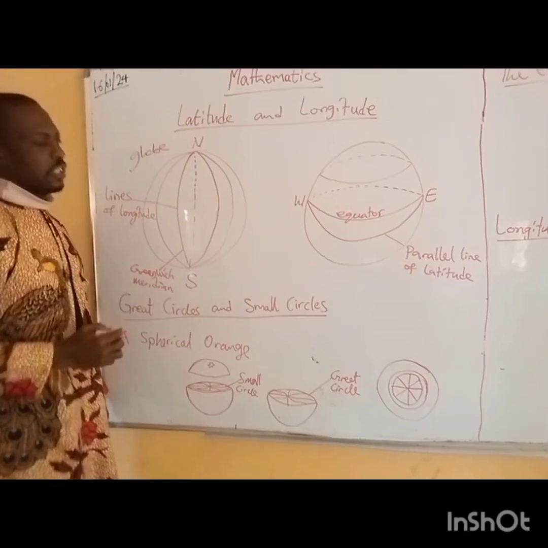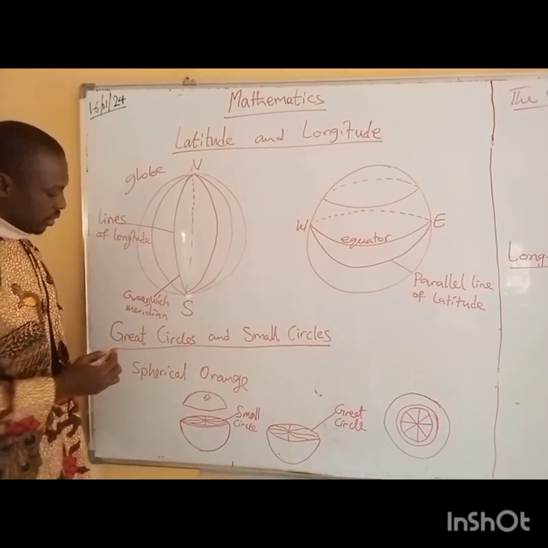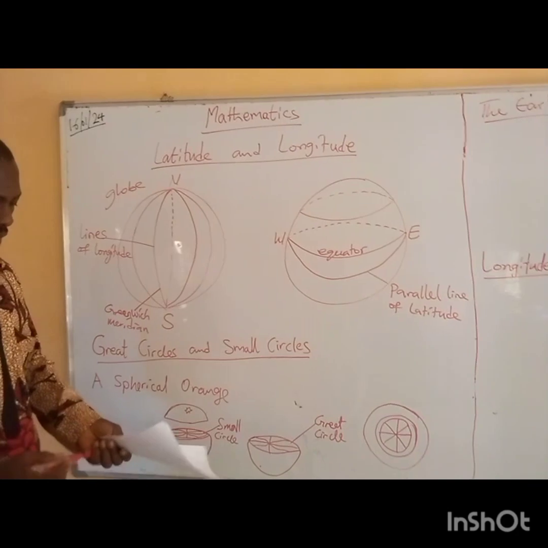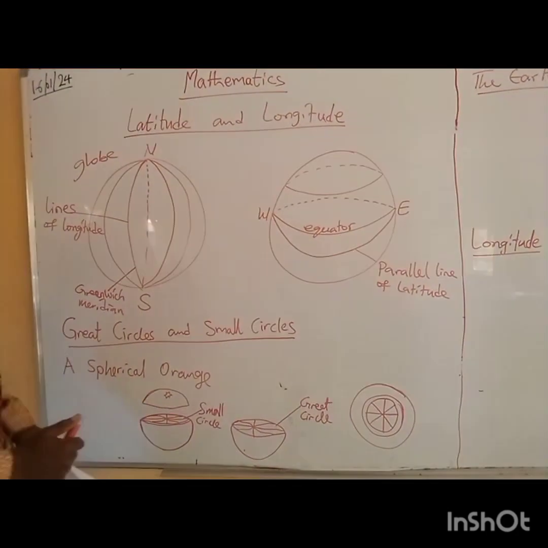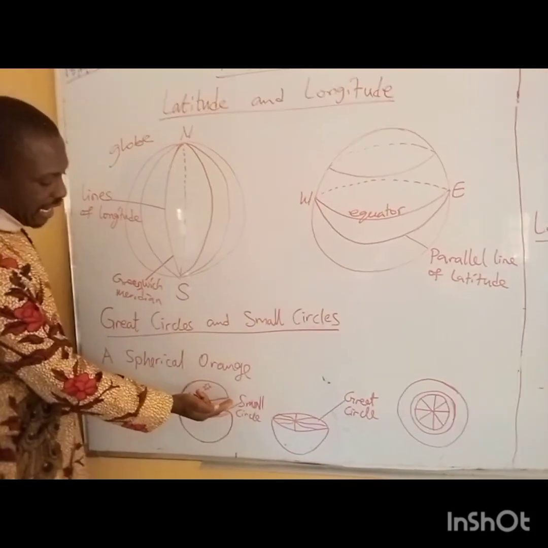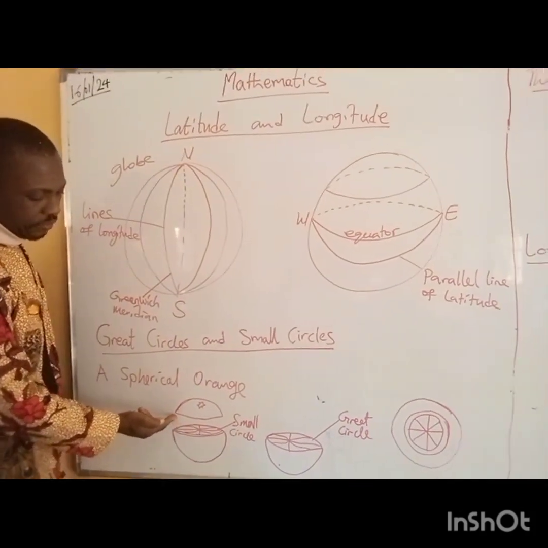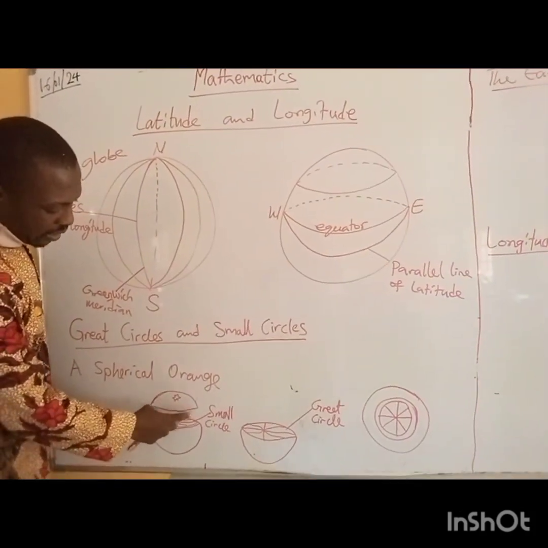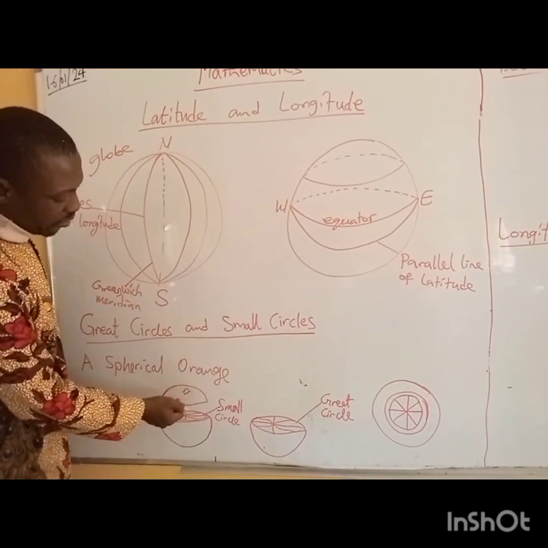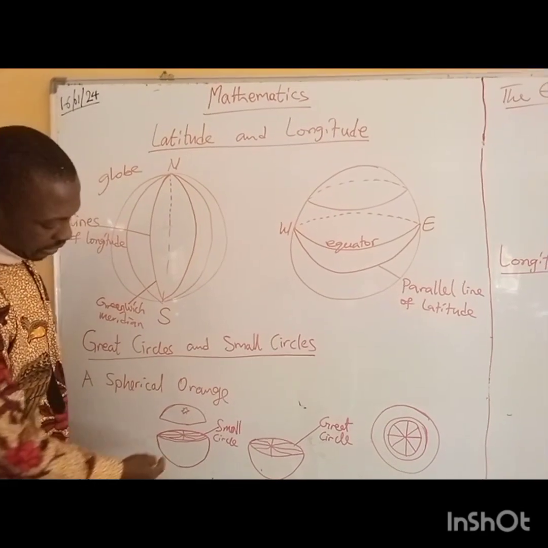Now, to understand this better, we're going to consider great circles and small circles. Now, we can take the orange for example. If you take an orange and you slice the orange towards the top, the upper part will be small, and then we can refer to that as a small circle.